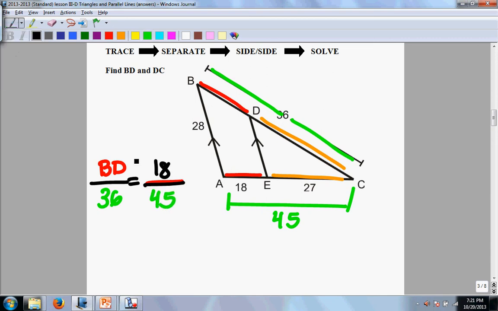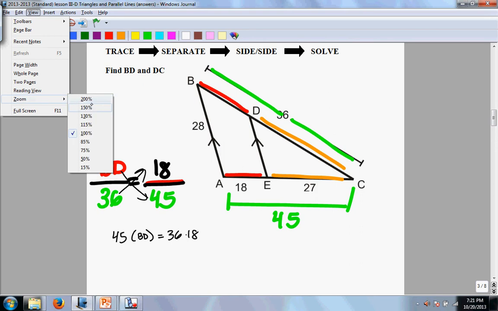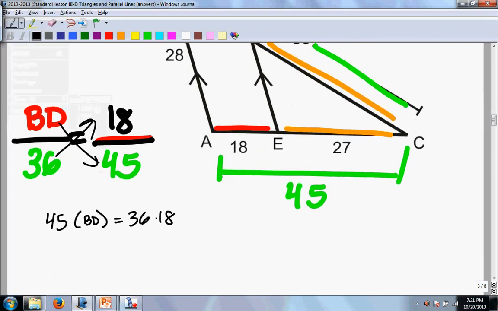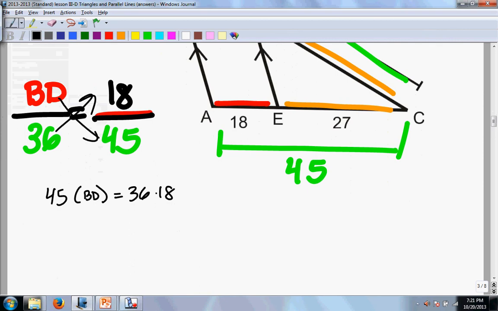Now we cross multiply. Let's bring this close. Keep your hands off the calculator. Ready? Then we're going to divide by 45.